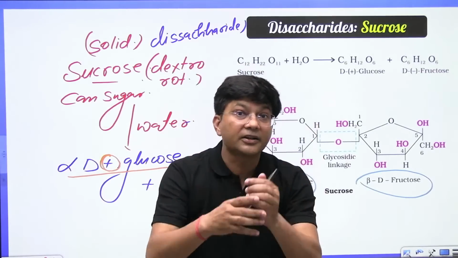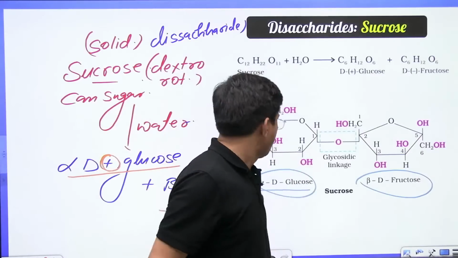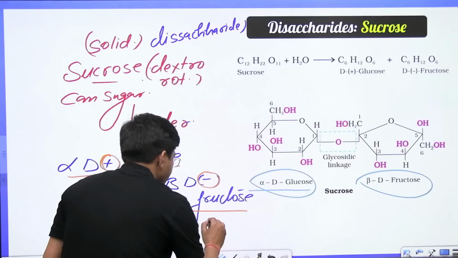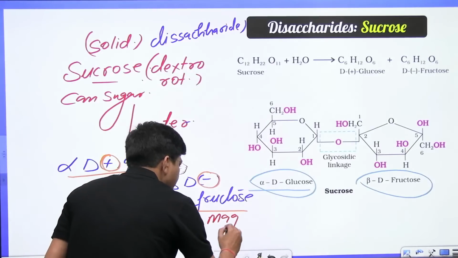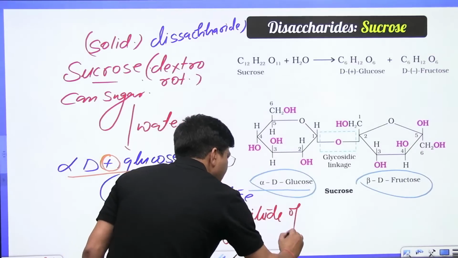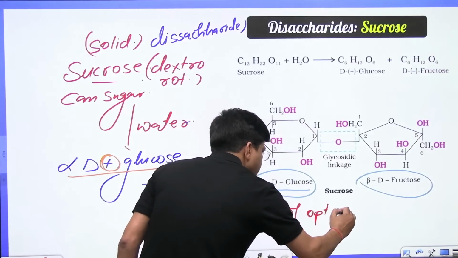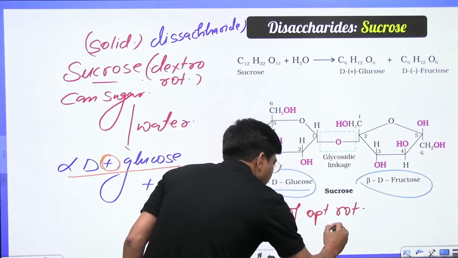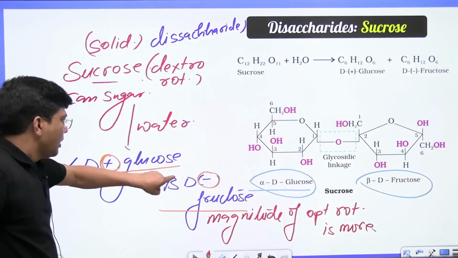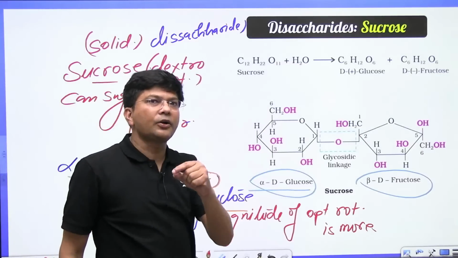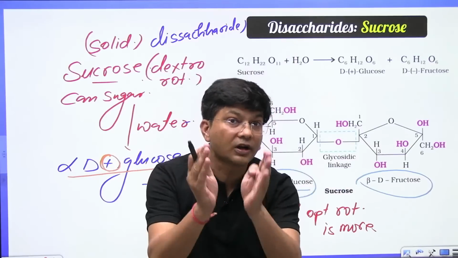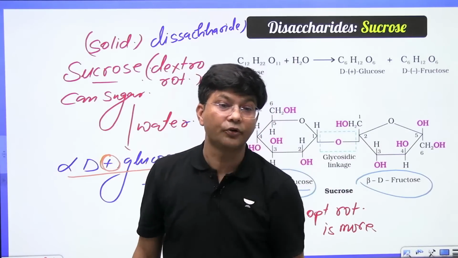But remember that the magnitude of optical rotation of fructose is more. The magnitude of optical rotation of fructose is more, so overall the solution will look like dextrorotatory or levorotatory?